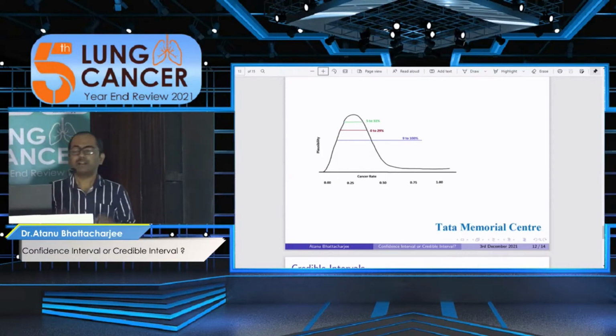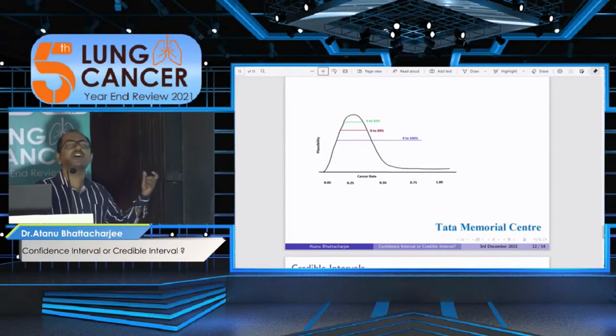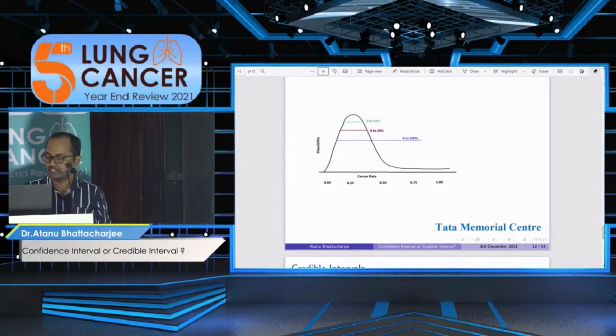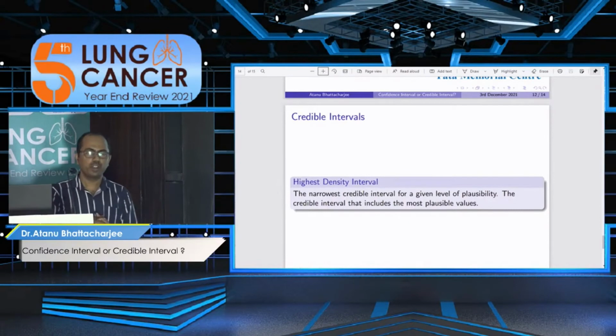One terminology we use here: the narrowest credible interval is termed the highest density interval, or sometimes the highest posterior density interval. The narrowest credible interval for a given level of probability is called the highest density interval, and it also includes all the possible values.